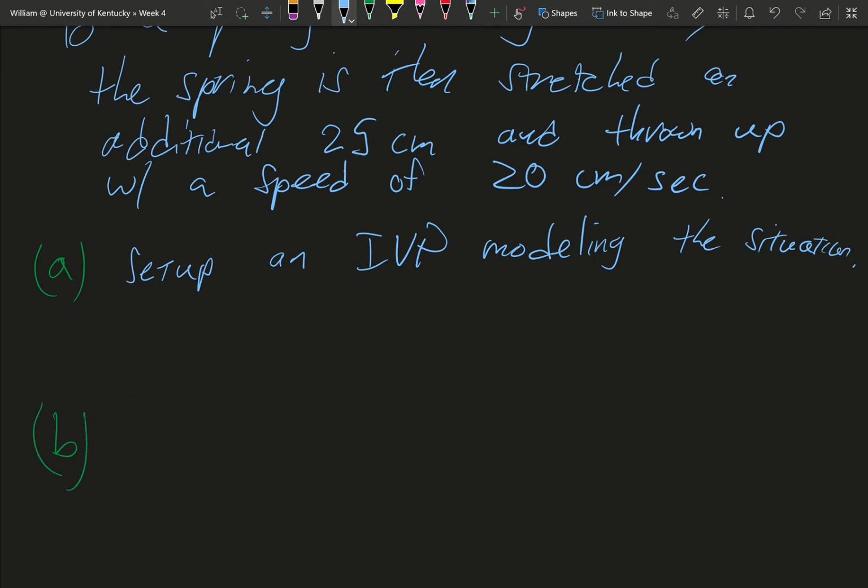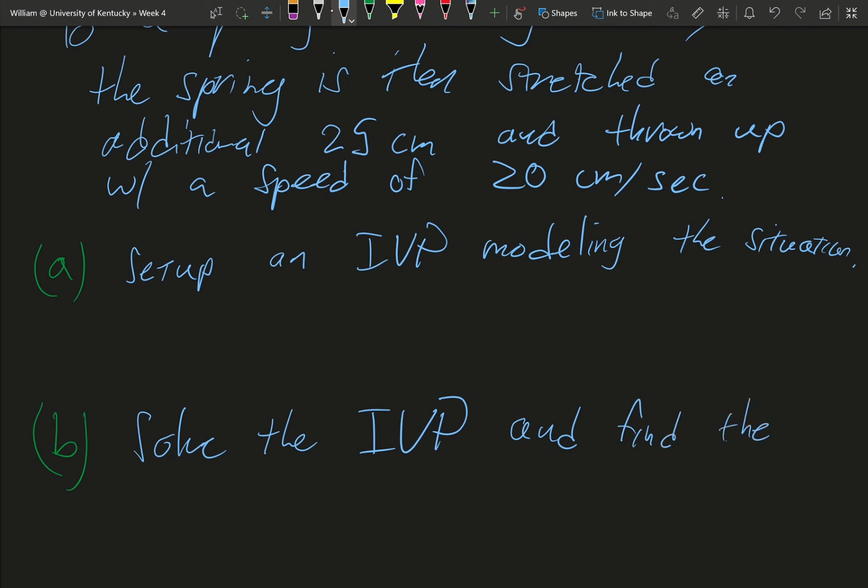B is solve the IVP and find the furthest the spring object ever gets from its rest position.